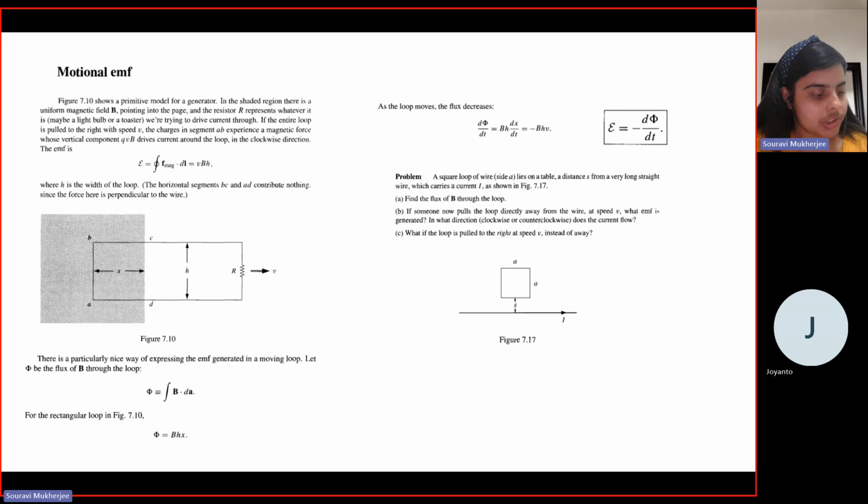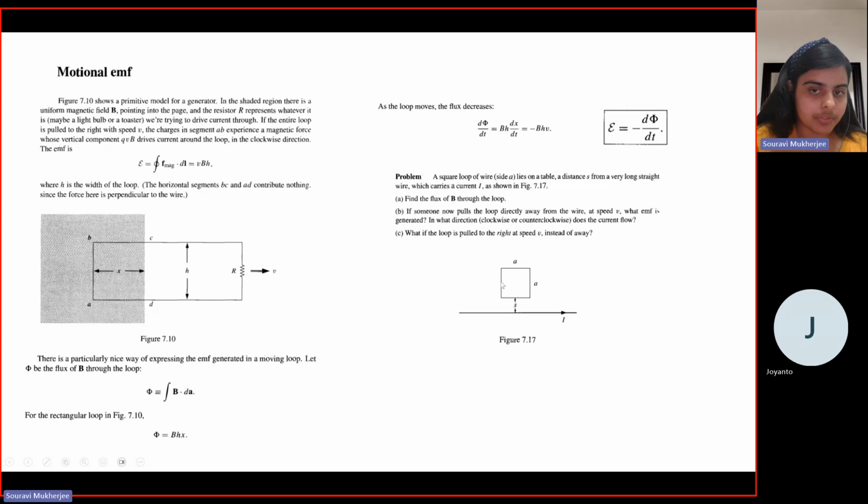And when we talk about change in flux, either B must change or the area enclosing the magnetic field region must change, right? So here, we know the expression of field for a current carrying wire, and that is a function of the perpendicular distance from the wire, that is S. So the field that this part of the wire will experience will be different from what this part of the wire will experience, right?